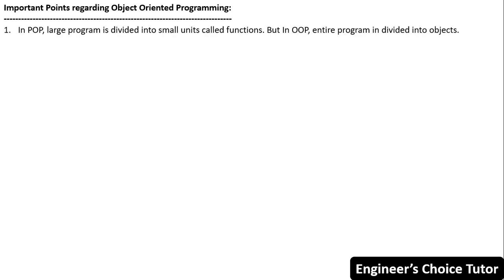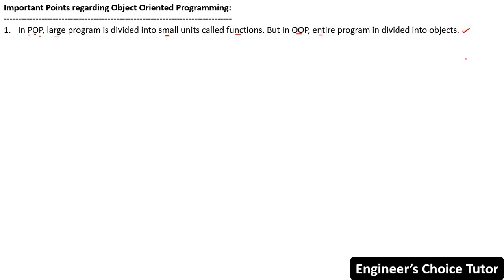So the first point is, POP means procedural oriented programming or procedure oriented programming. In POP, a large program is divided into small units called functions. But in object oriented programming, the entire program is divided into objects.